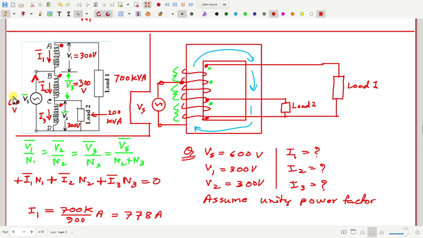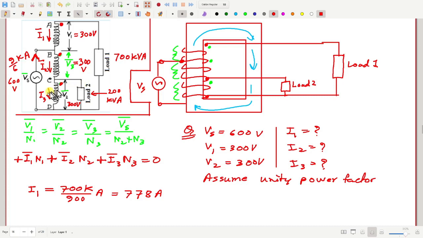That will be 900 K divided by 600 volt, so this will be 9 by 6 kilo ampere here.